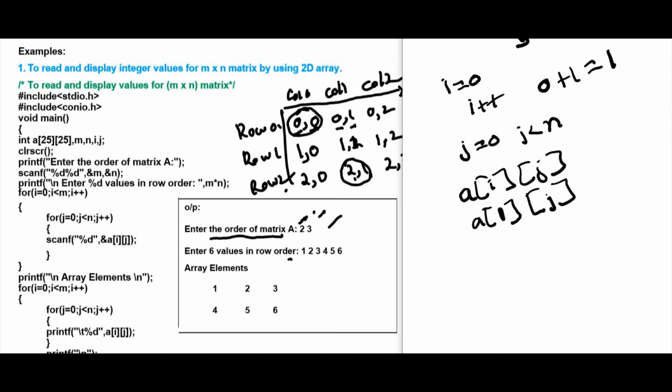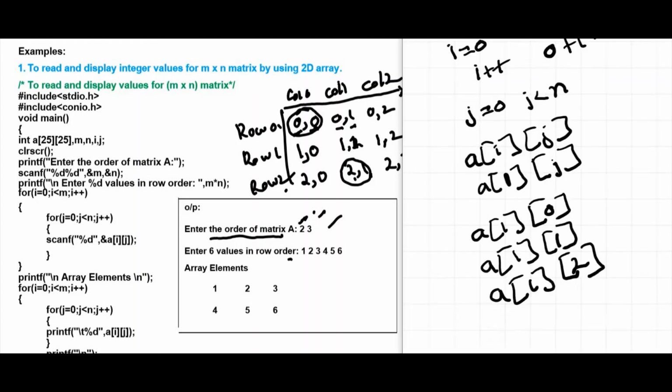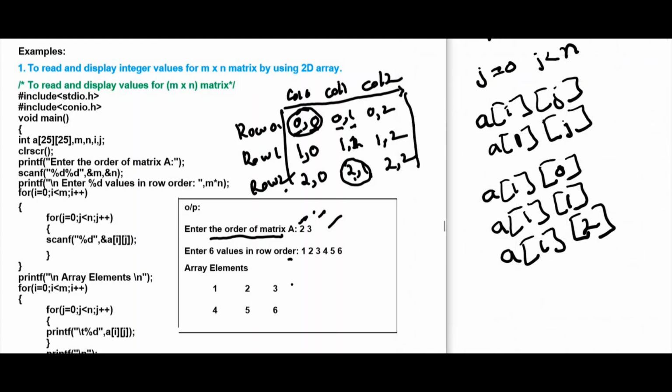So now we will be storing the value at a of 1 comma 0, a of 1 comma 1, a of 1 comma 2. Right. So if you can see here, the values will be stored in this fashion. 0 comma 0 will have 1, 0 comma 1 will have 2, 0 comma 2 will have 3, and 1 comma 0 will have 4, 1 comma 1 will have 5, 1 comma 2 will have 6. So these values are stored in the array in this format.